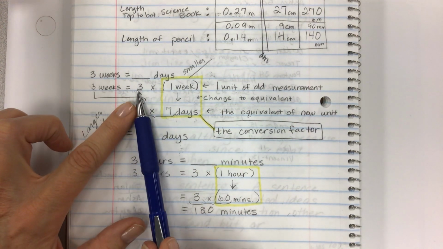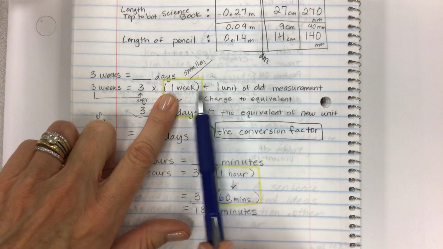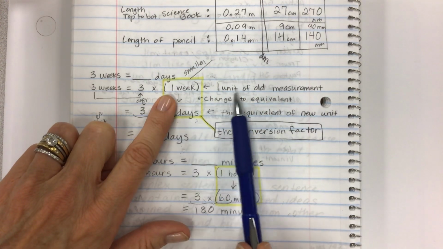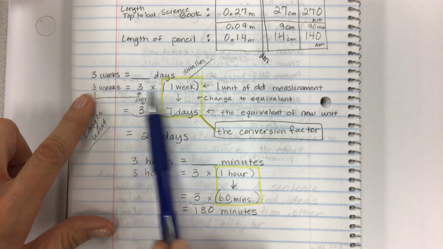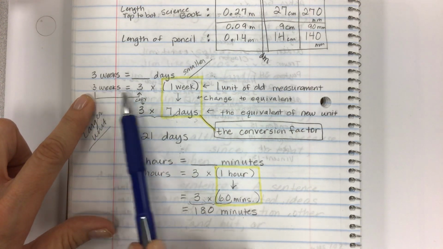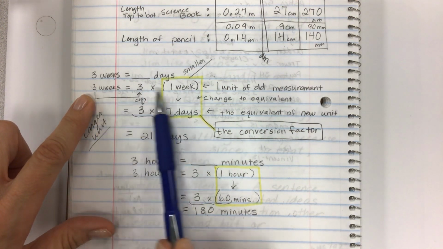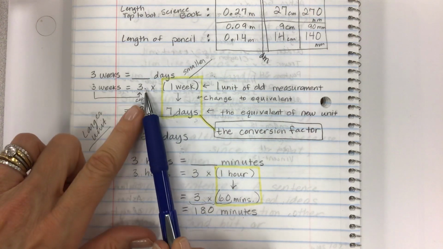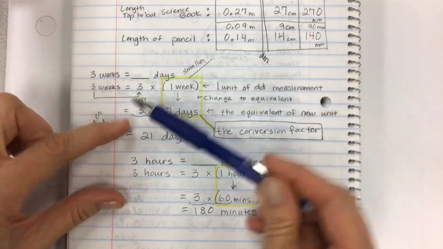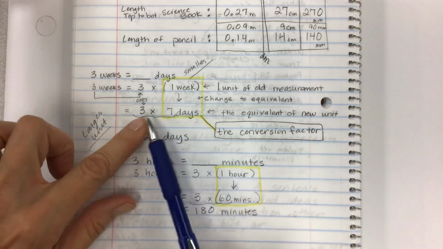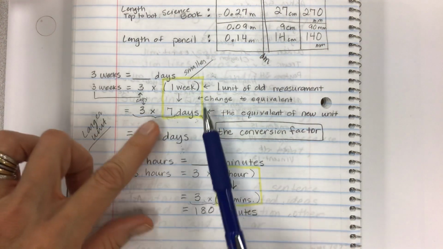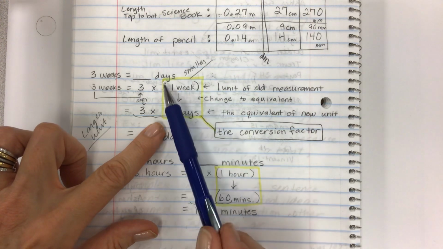So you copy, okay? 1 times 1 of the old measurement, because 3 times 1 equals 3, and it's weeks. 3 weeks equals 3 times 1 week. This is true. So then work your way down. Copy the 3 again. You need to have it here because you're going to be using it for the next part. This is where the magic is happening.